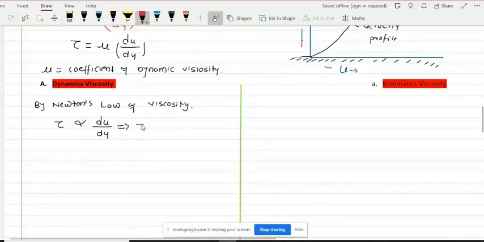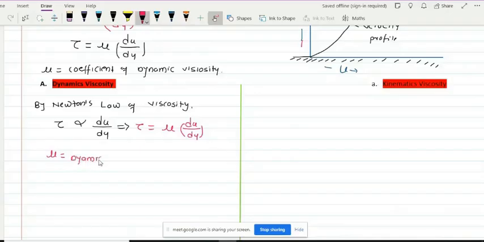This can be written as tau is equal to mu into du by dy, where mu is called the coefficient of dynamic viscosity, or simply dynamic viscosity. So mu is nothing but tau divided by du by dy.